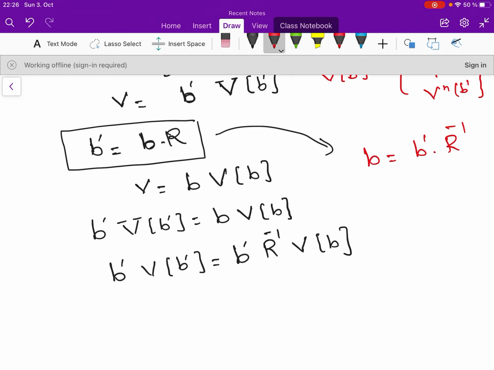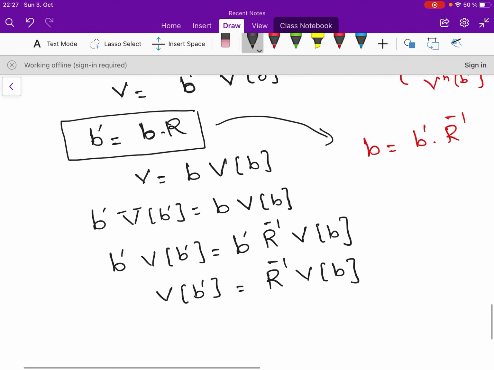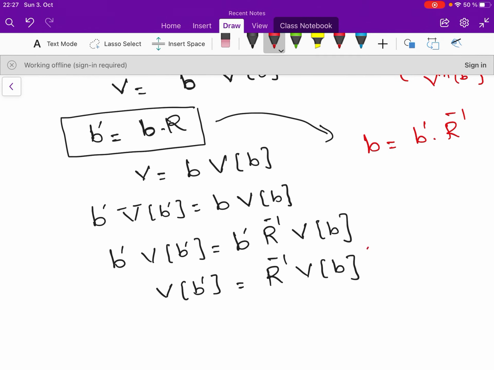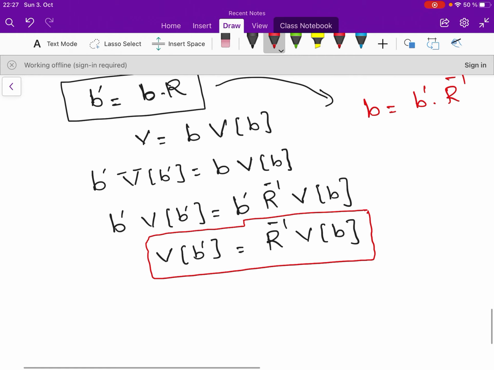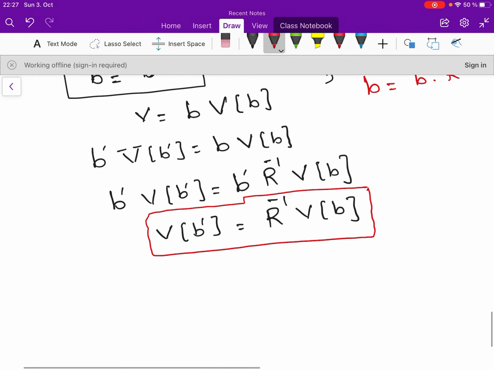So now these two will cancel, so you can see that this equation gives me V_B prime is equal to R inverse V_B. So this is our final equation. The coordinates in the new prime basis will be related.